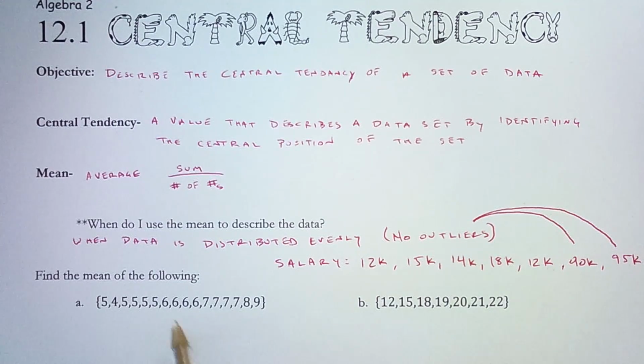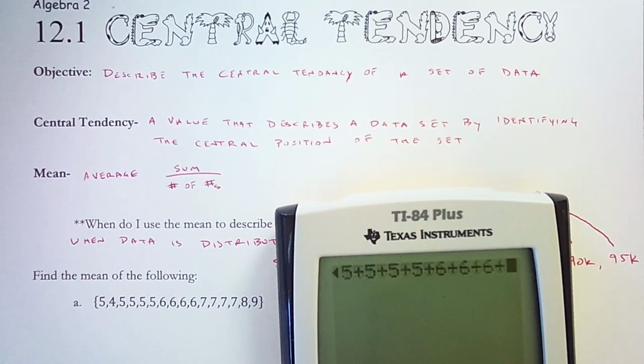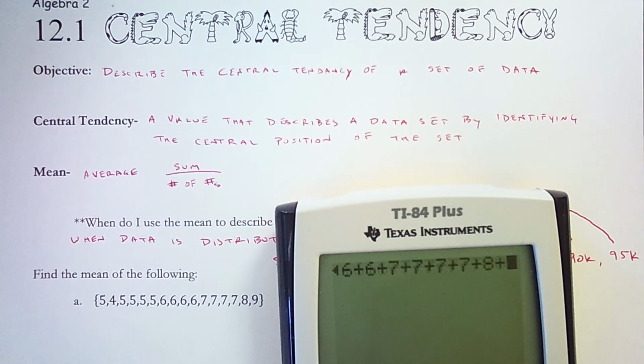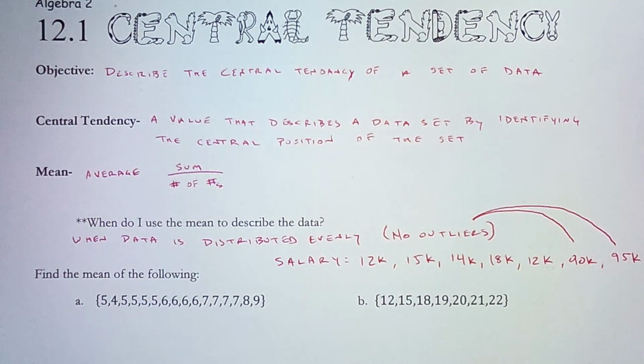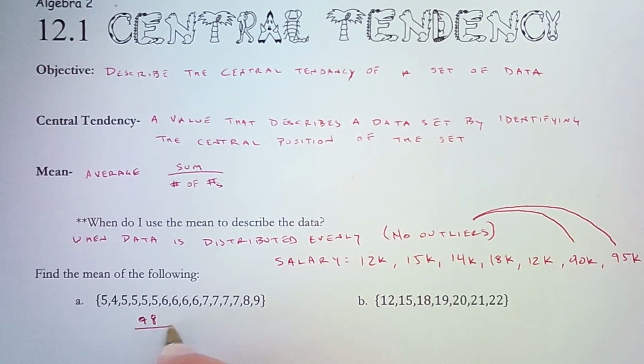So to find the mean of this data set, we are going to add all of those numbers together. So we're going to add 5 plus 4 plus, then we've got 4 5s, then we have 4 6s, then we have 4 7s, an 8 and a 9, for a total of 98. So the sum of the numbers is 98.